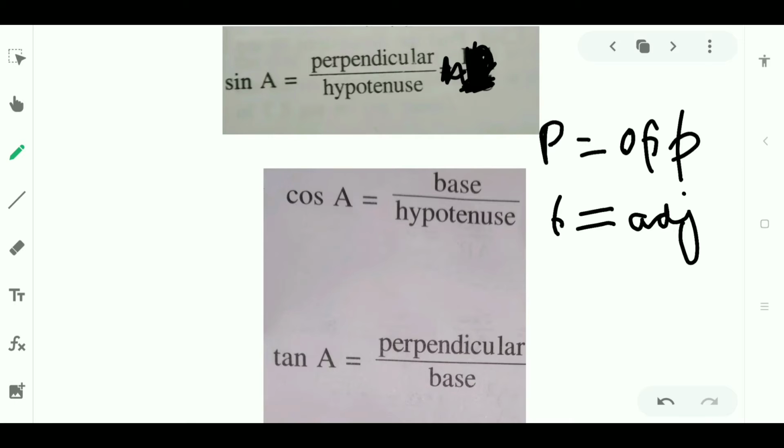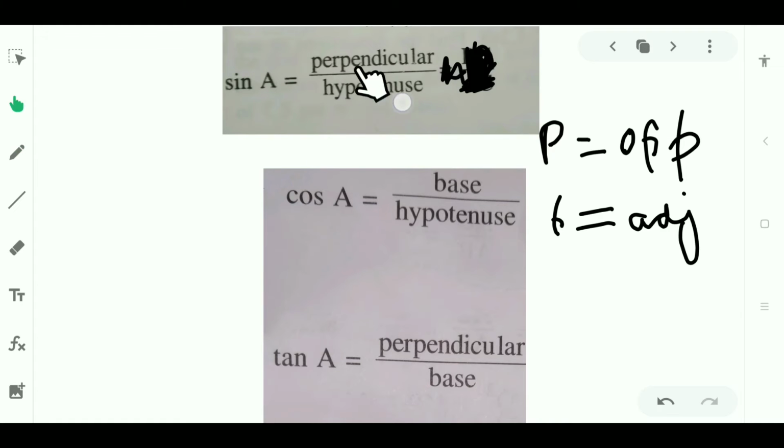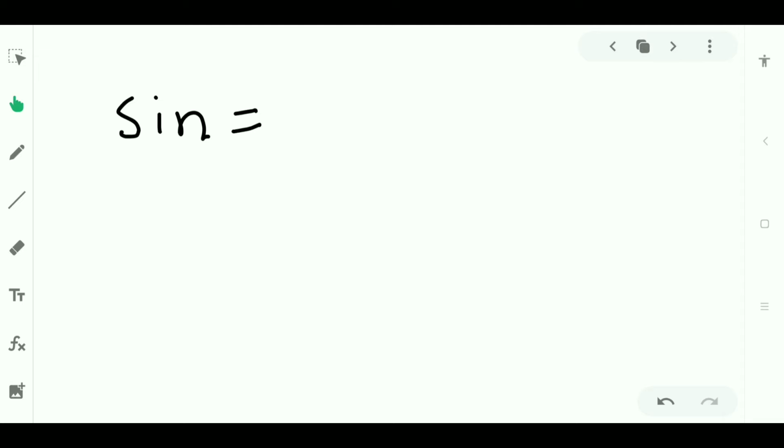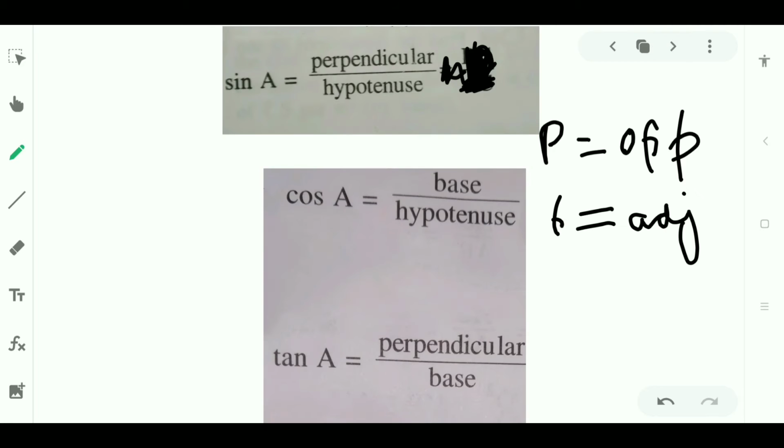Now to remember all these formulas we have some tricks. First let us take sine, cos, tan. Sine is nothing but perpendicular by hypotenuse, that is opposite by hypotenuse. Cos is base by hypotenuse, which is adjacent by hypotenuse.